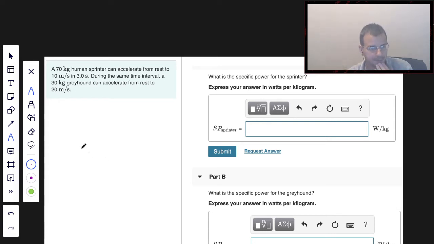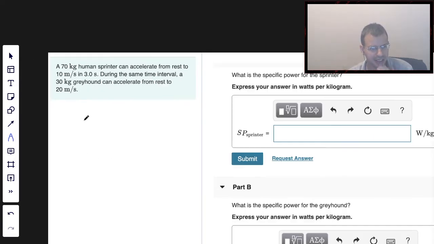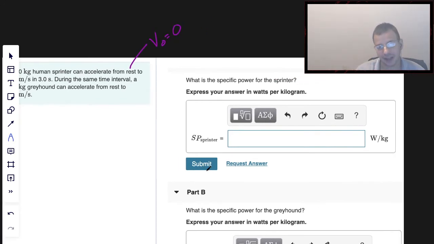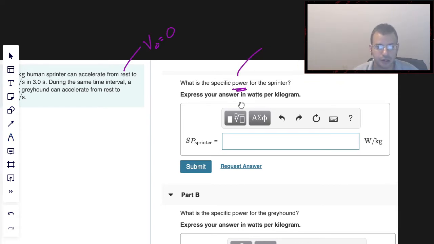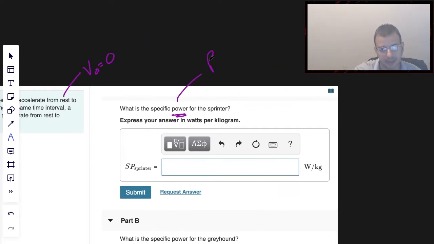All right. There's a couple things to keep in mind here. When they say from rest, that means the initial velocity is 0. When I think of power, I think power equals work divided by time.